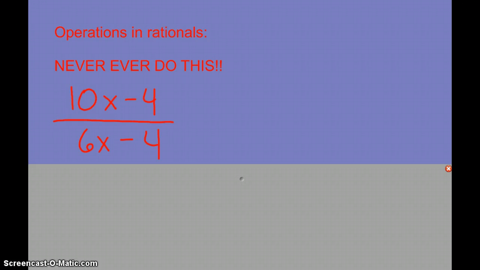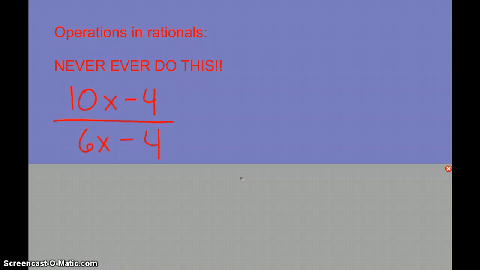This may be the most important slide that we look at in the whole year, based on my experience of mistakes that people make and carry over into future classes. So we're going to start with the bad example. Never, ever do this.